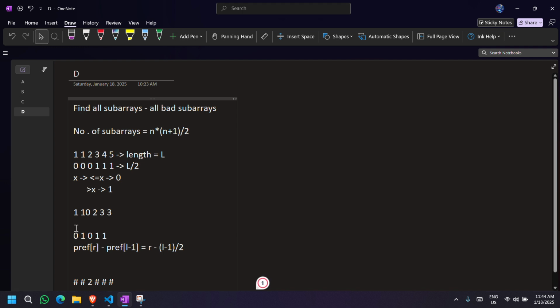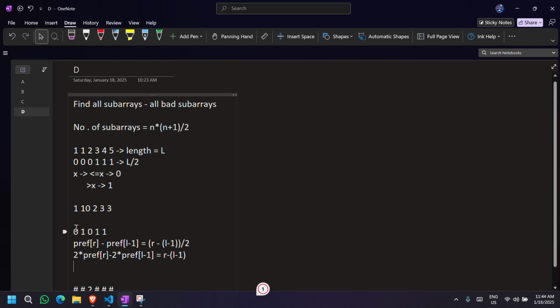Now if you process it further, multiply the LHS with 2, then this will be 2 times prefix of R minus 2 times prefix of L minus 1 should be equal to R minus L minus 1, and take R to the LHS, so this will be equal to 2 times prefix of R minus R equals 2 times prefix of L minus 1 minus (L minus 1).